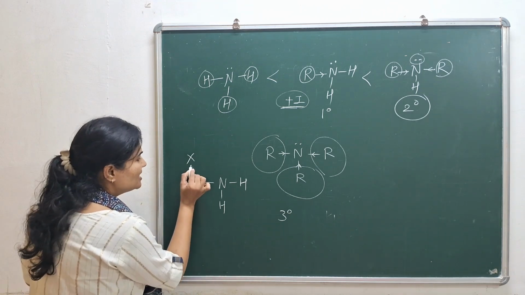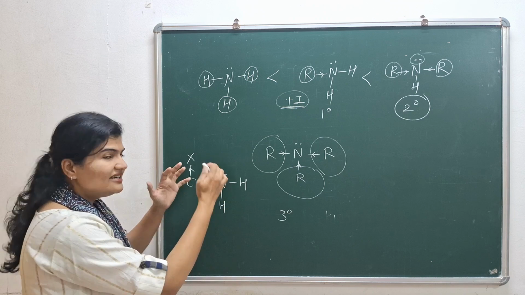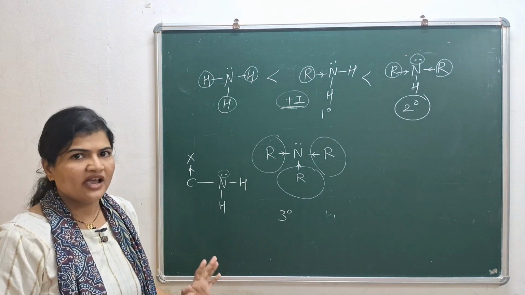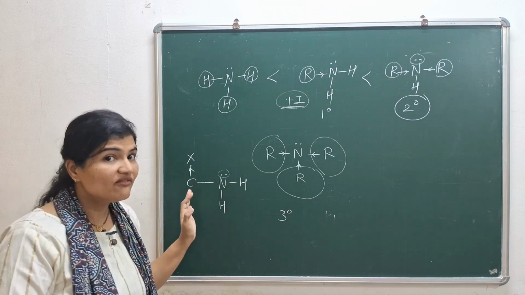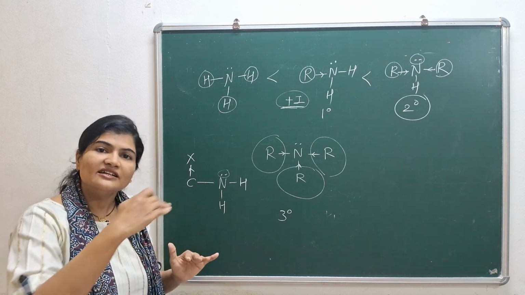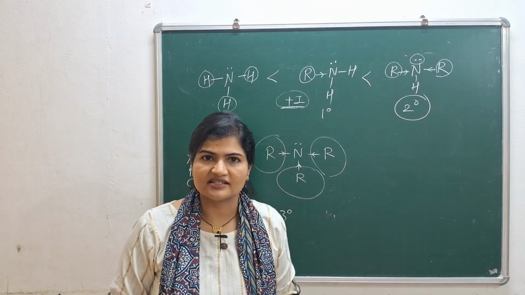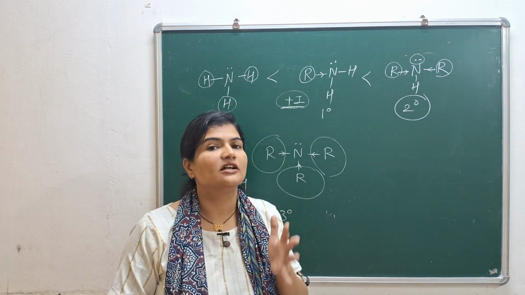So it will attract the electrons towards it and thereby decrease the electron availability on nitrogen. Now it is difficult for the nitrogen to give away that electron pair, and hence the basicity decreases.